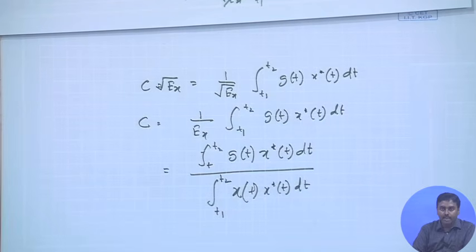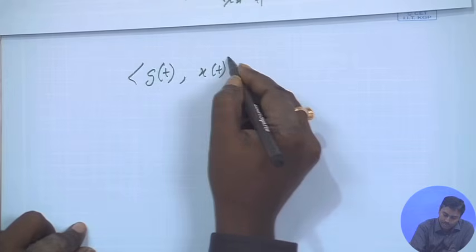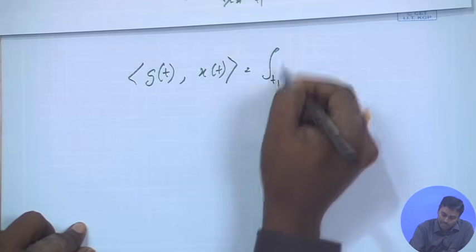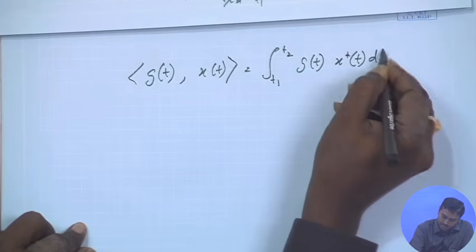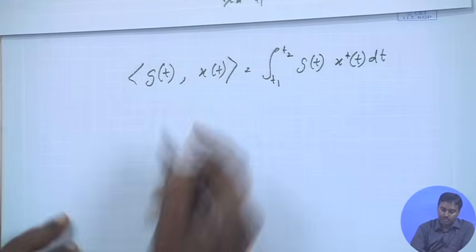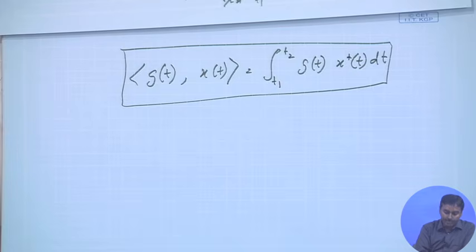So, now I can redefine, for a complex signal, my dot product as this. Suppose I have signals g(t) and x(t) and I wish to do the dot product. So, dot product can be defined as this, g(t) x*(t) dt. So, this should be my new definition of dot product for a complex signal, and immediately if I take the dot product with itself, I get back the energy, no problem in that.